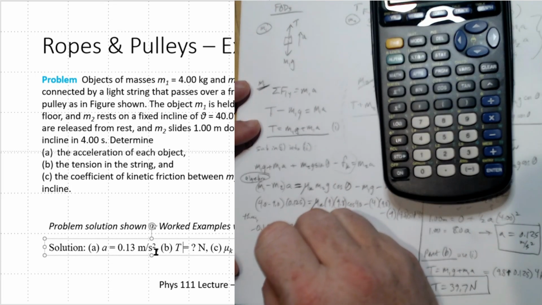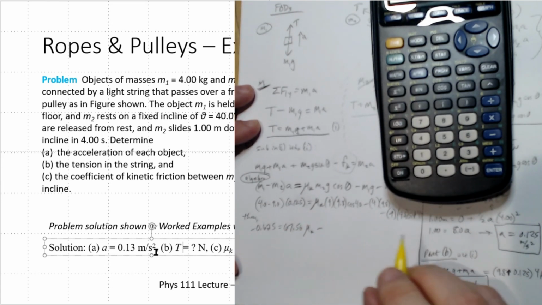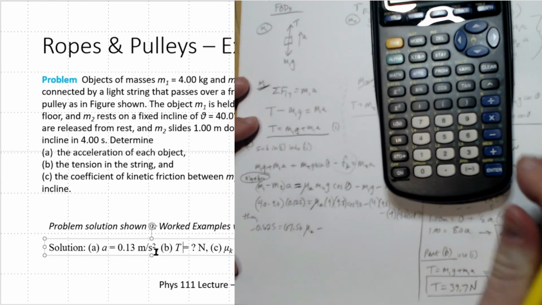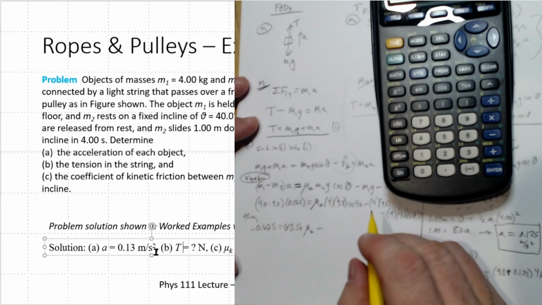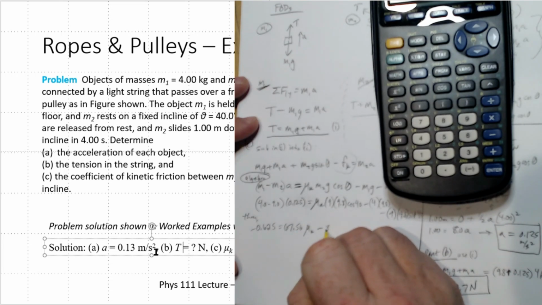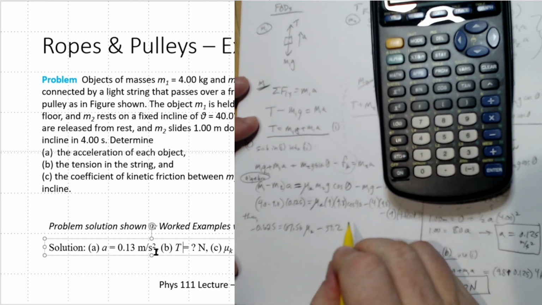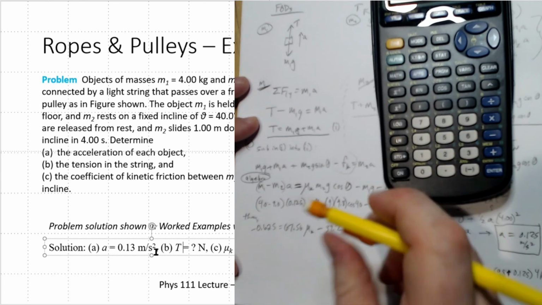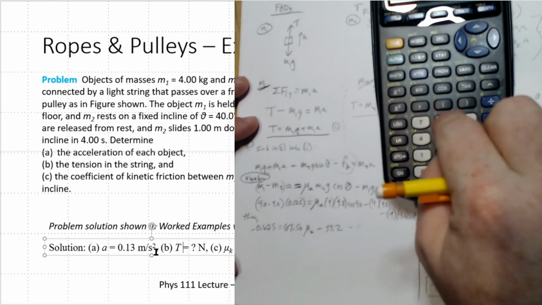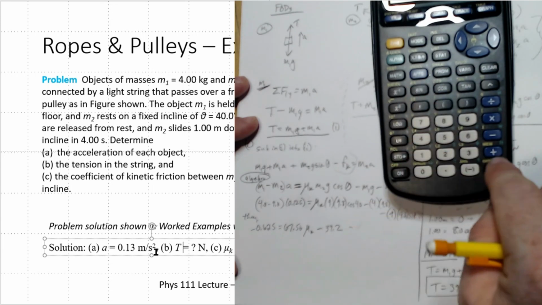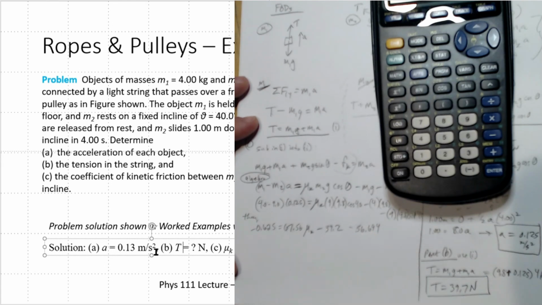That's going to be 67.56 mu sub k minus, let's hope this works out. This is a lot of big numbers. Times 39.2, that's this term here, and then minus 9 times 9.8 times sine of 40 degrees. That gives me 56.694.